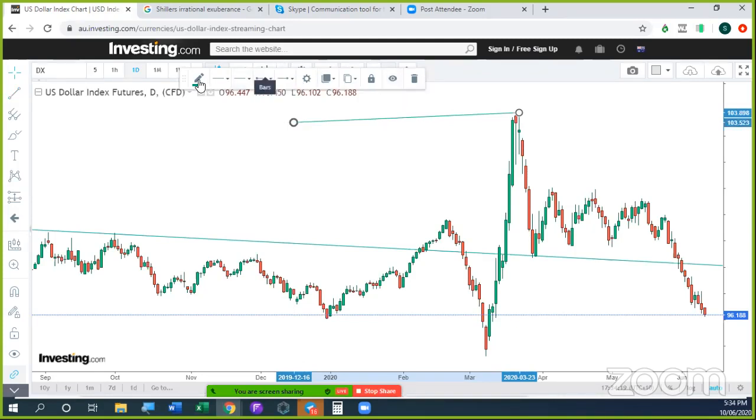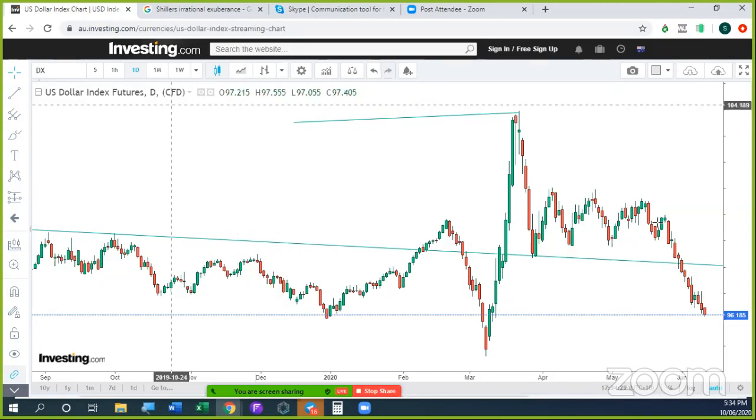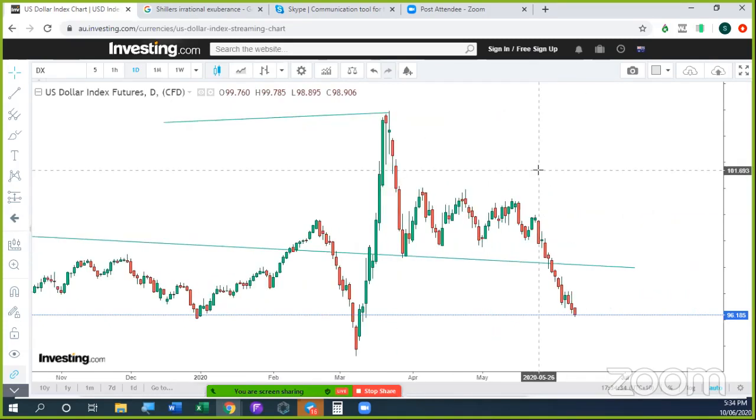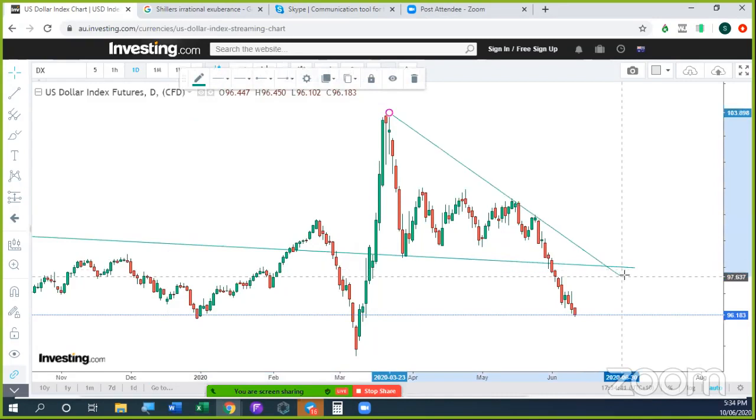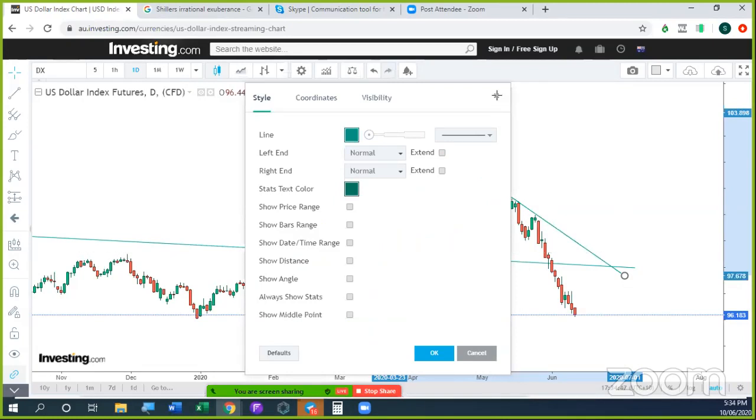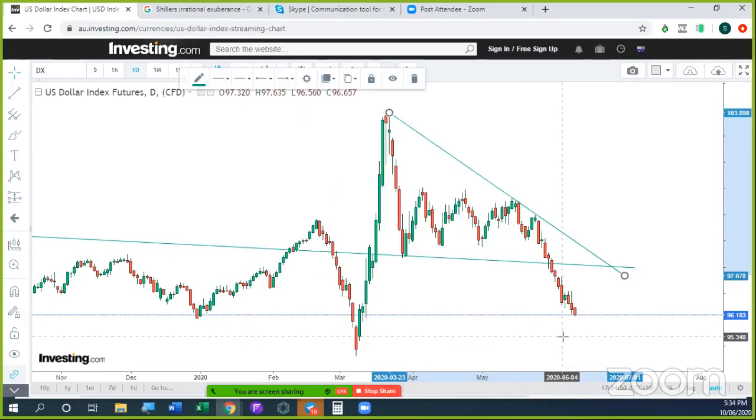I can't find my little cursor. Where's my cursor? Anyway, it doesn't matter. So my thought process is, oh, now my trend line's disappeared. God, that's why I hate this.